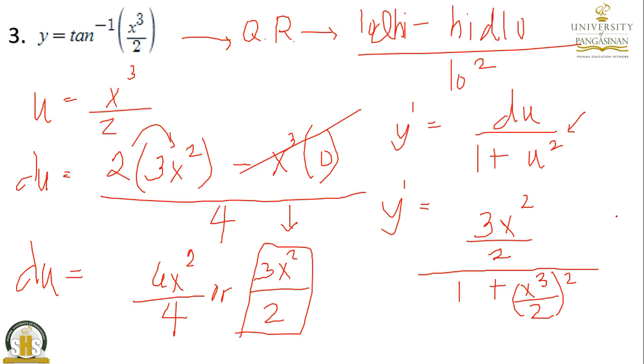Check nyo mabuti yung ating mga formula. Check nyo po kung naiintindihan po. Okay, next. Kung naalala nyo yung ating inside, tapos outside, yun po yung gagawin natin. Yung 1, pwede natin siyang gawing 1 all over 1.